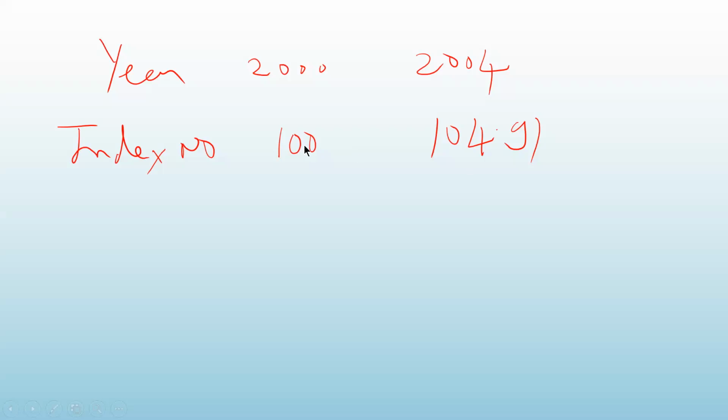That means the things that 100 rupees used to buy, now you are able to buy for 104.91. That means the prices have had a 4.91% increase. That is the meaning. So cost of living has increased, or the value of the rupee has gone down.